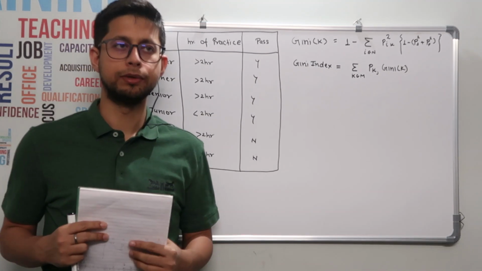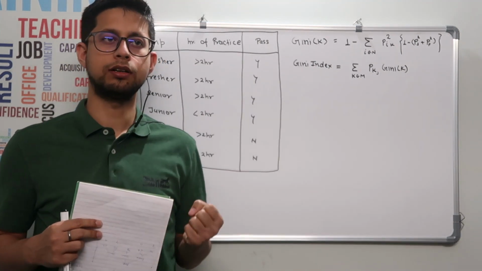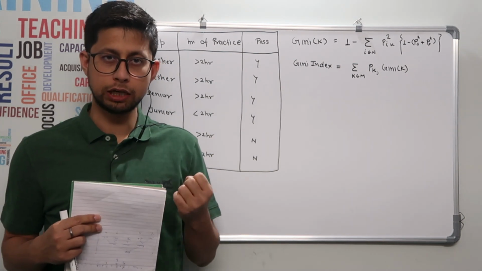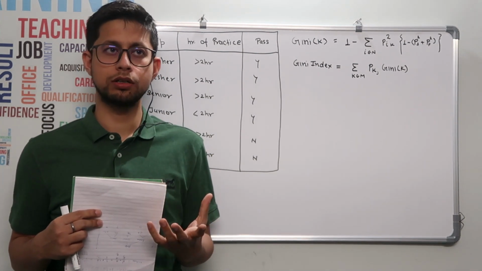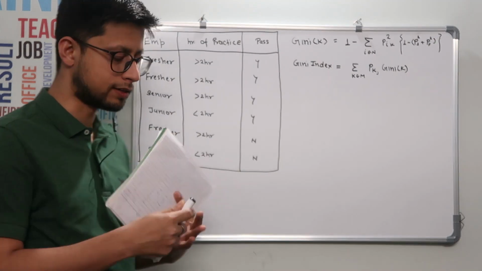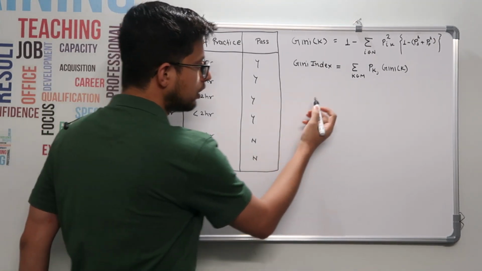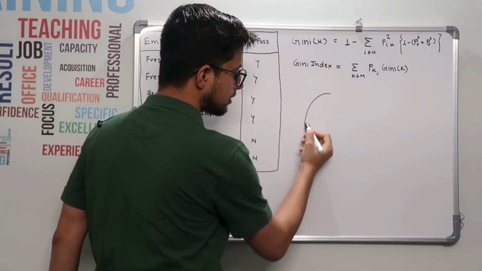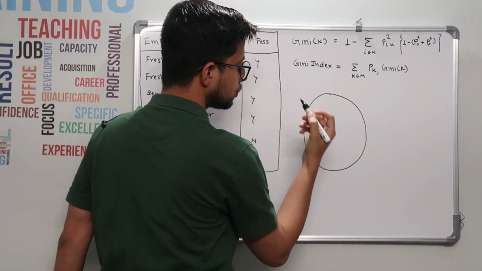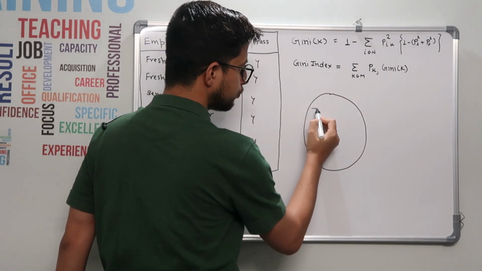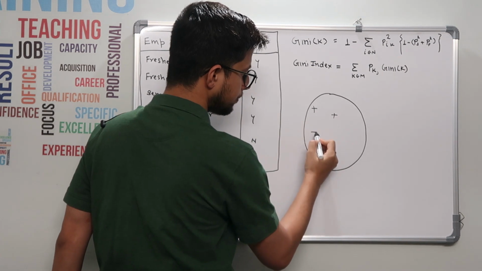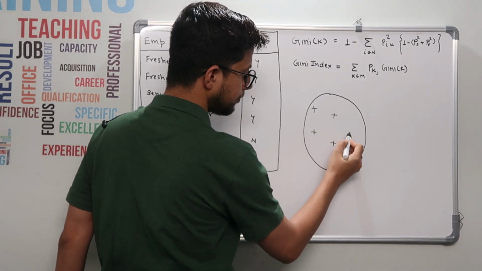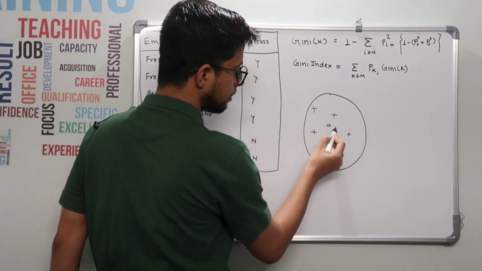A little brief about that: Gini tells you how much impurity a particular node contains. And what is meant by impurity? Let's understand. Suppose in your data set there are two classes. Just focus on this circle. One class is plus and another class is your bubbles.